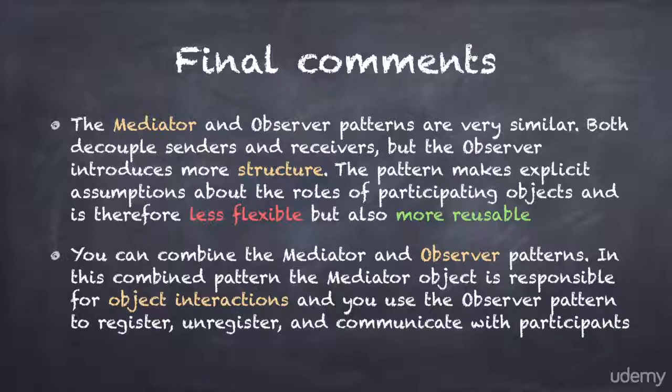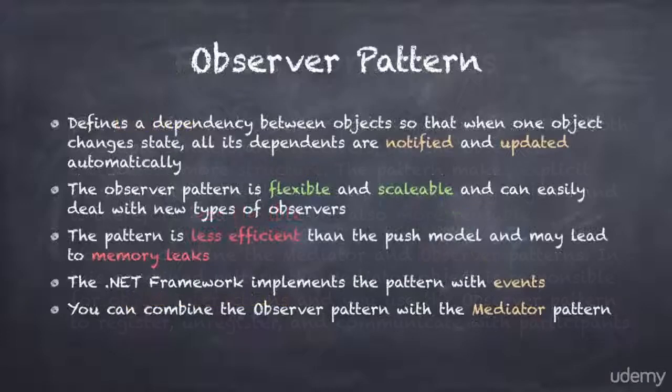Okay, here is a summary of what we have learned in this lecture. The observer pattern defines a dependency between objects, so that when one object changes state, all its dependents are notified and updated automatically. The observer pattern is flexible and scalable, and it can easily deal with new types of observers.